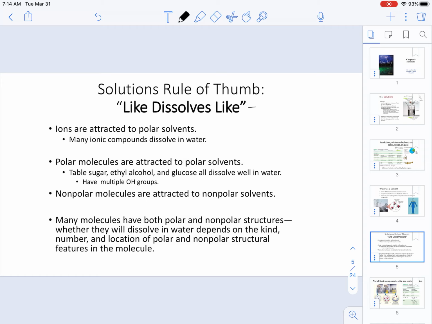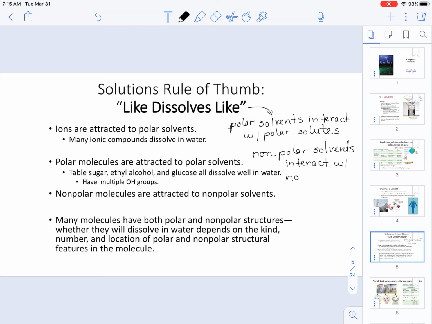So this rule of thumb basically says that polar solvents interact with polar solutes and non-polar solvents interact with non-polar solutes.